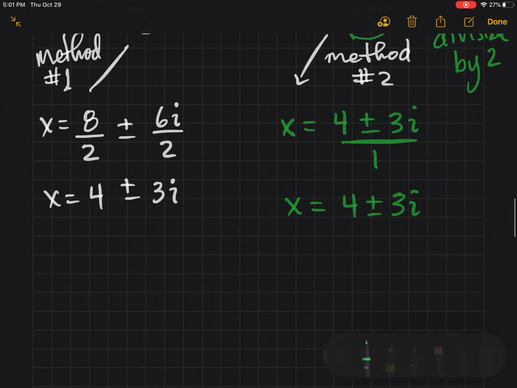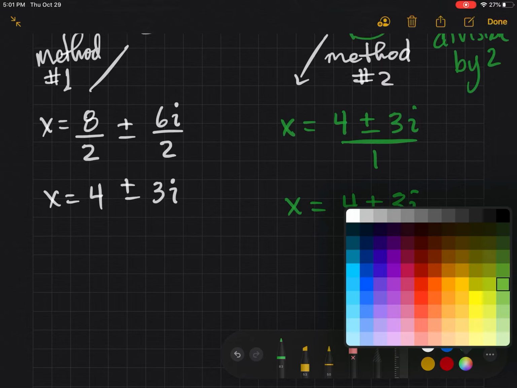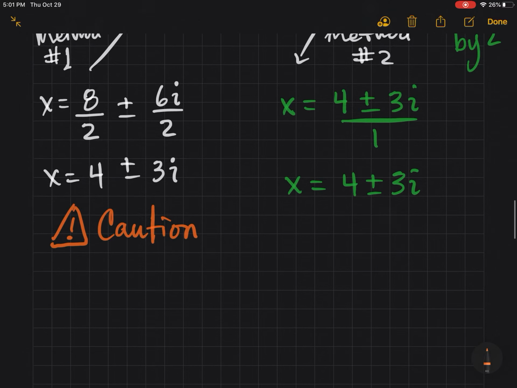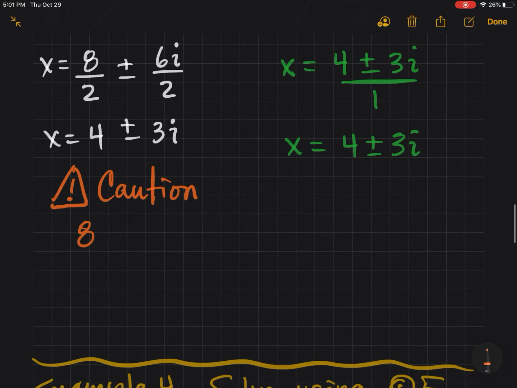However, I definitely want to give you a warning. Sometimes I don't like to do this, but I gotta caution you. What's that little symbol they use for the caution with the little exclamation point? Caution. This is what students will often do. They'll take that 8 plus 6i over 2 and just try to do this and say that the answer is 4 plus 6i.